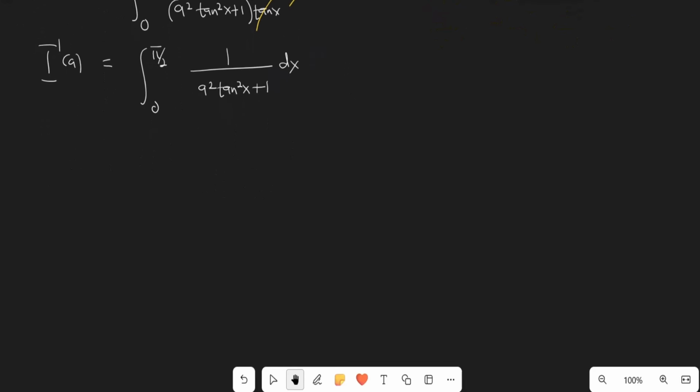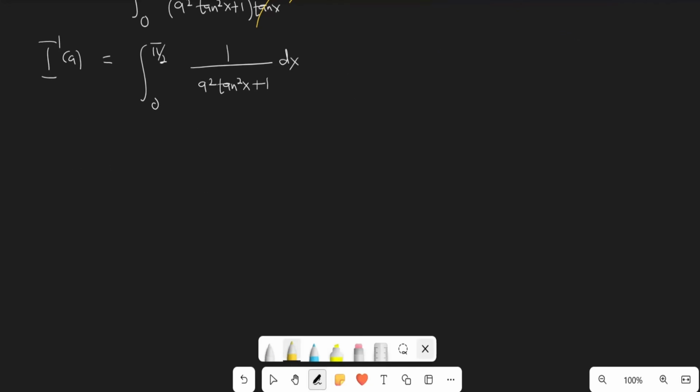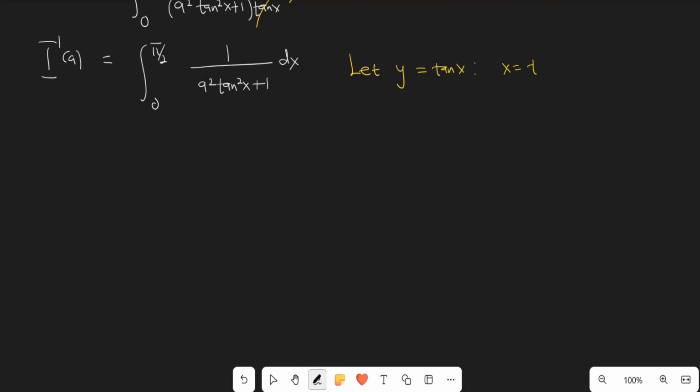Now here I'm going to do a substitution. I am going to let y be equal to the tangent of x. So here x is going to be equal to the tan inverse of y, so that implies that dx is equal to 1 all over 1 plus y squared dy.